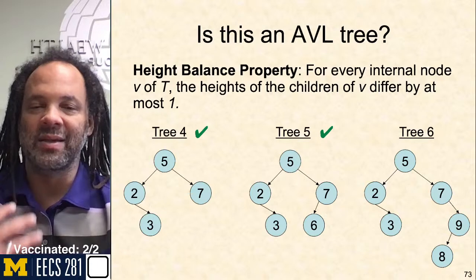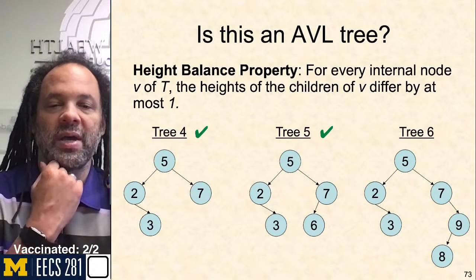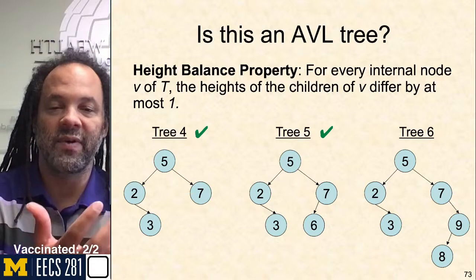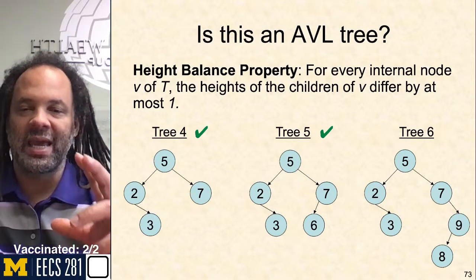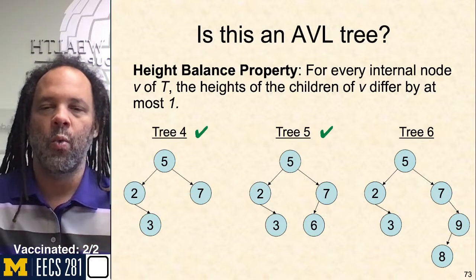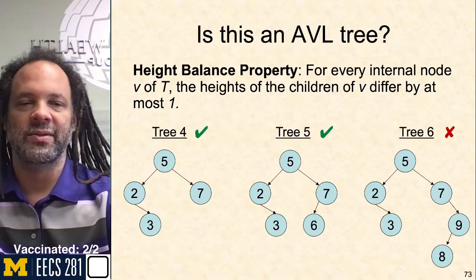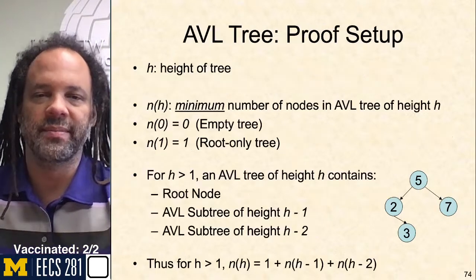It's only when I add something to a tree like 5, if I could have added something else below the 6, then I would have unbalanced that tree. So if I'm checking as I make the modification, I know right away when the thing becomes unbalanced. So there's tree 6, not an AVL tree.